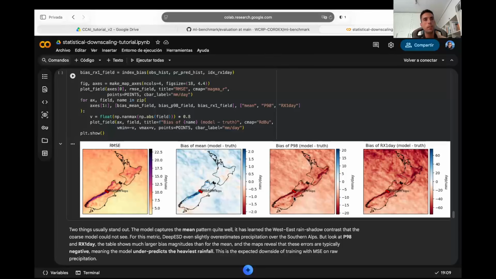So this deep learning model trained with a mean square error loss function is not a proper choice for downscaling precipitation because it is not able to reproduce the extremes. And for some regions, for instance, the region corresponding to the Southern Alps, in which extreme precipitation is important due to local processes, in that case, this model is not suitable for downscaling.